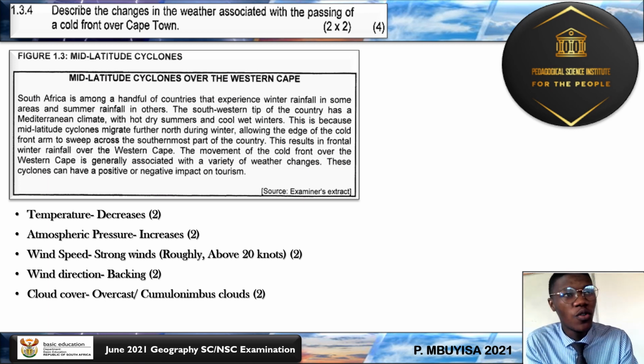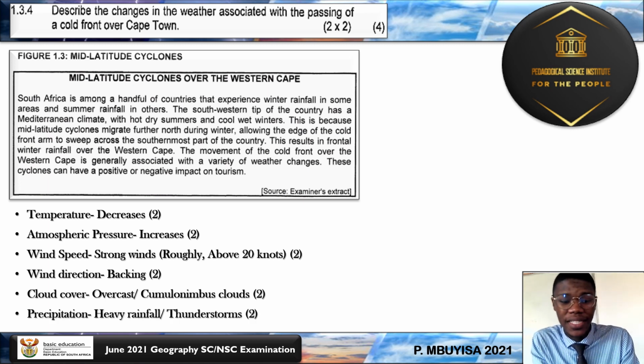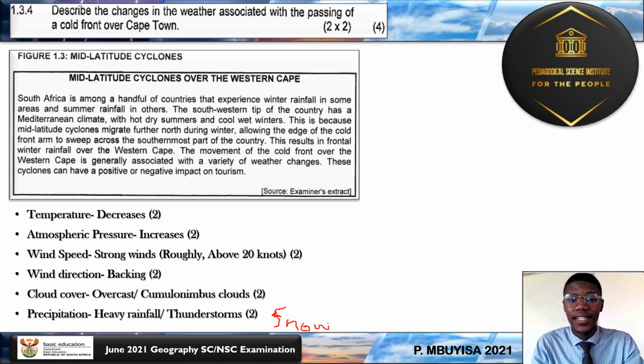Cloud cover will be overcast, with cumulonimbus clouds, and the precipitation will be heavy rainfall, thunderstorms or snow. Especially high-lying areas usually experience snow as a result of this. So these are the changes associated with the cold front.